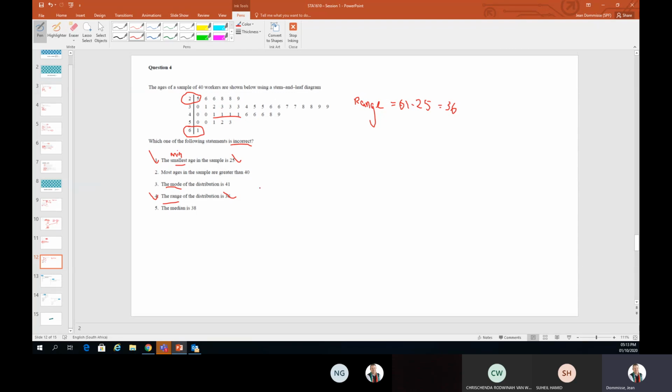So 41 happens 4 times, which is the most. So the mode is definitely 41.